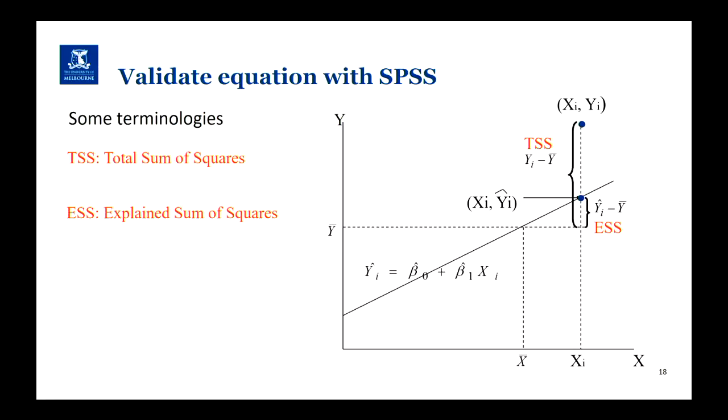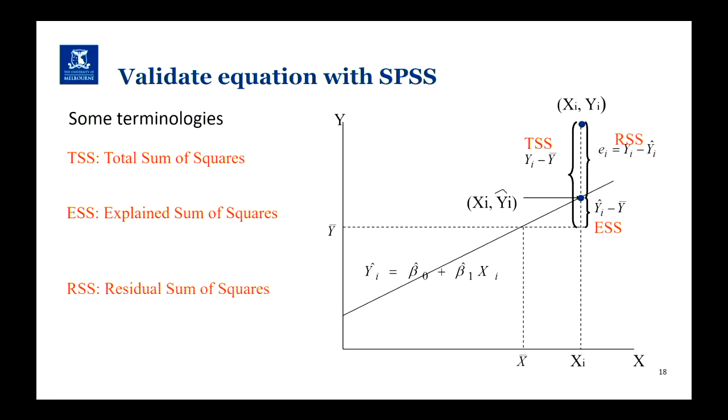Why do we call it the explained sum? Because the estimated value can be regarded as being explained by the model. So for example, that's the real thing, and that is the component we already know by estimating the model, explained by the model.